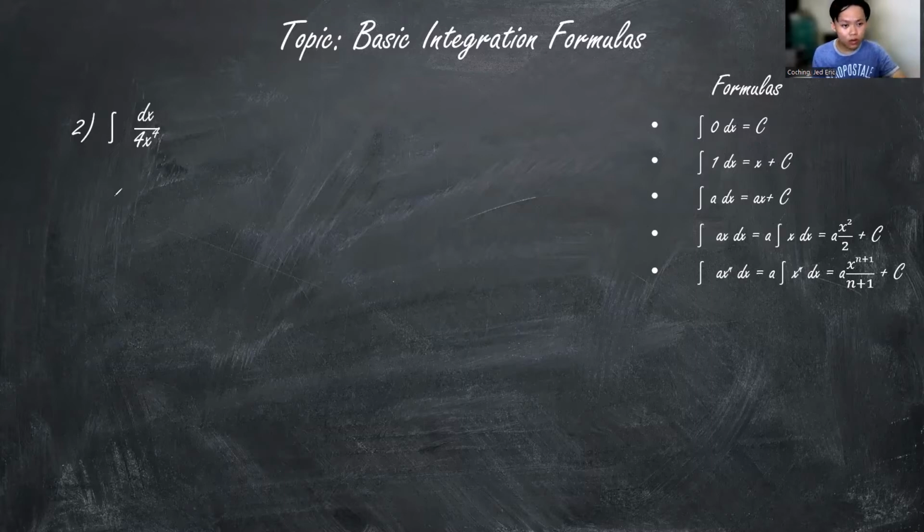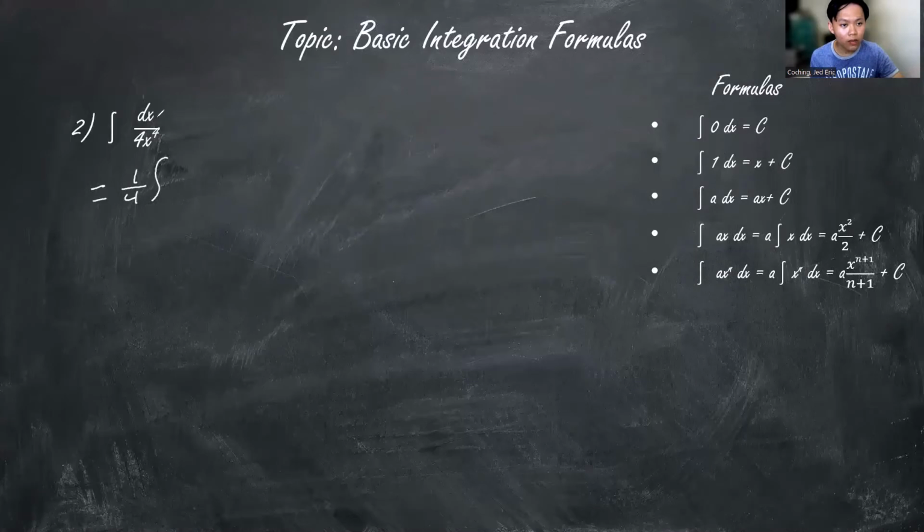First we need to take out the constant, which is 1/4, and we need to transpose x raised to 4 upwards, so it's going to be x raised to negative 4 dx.